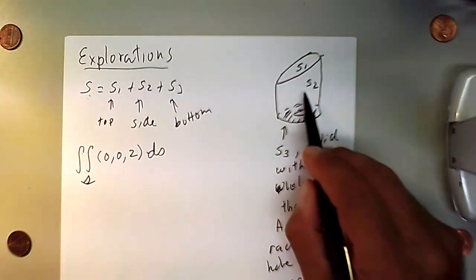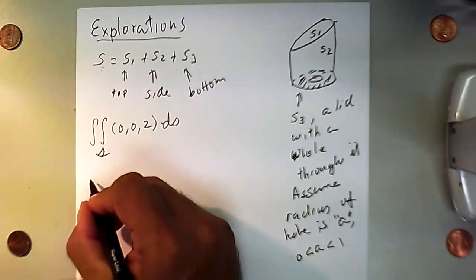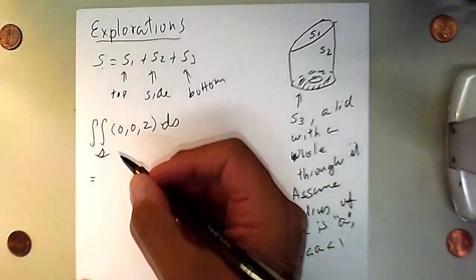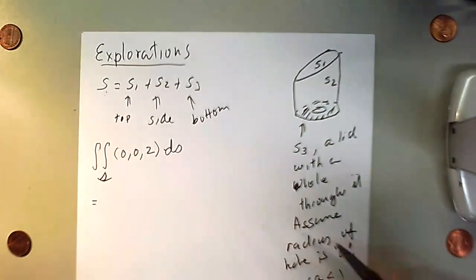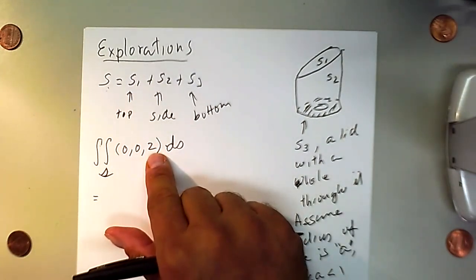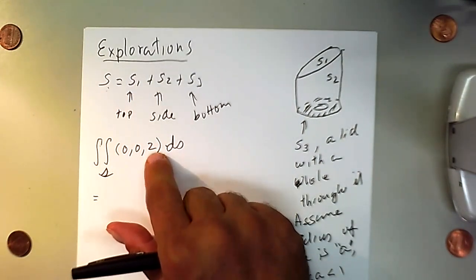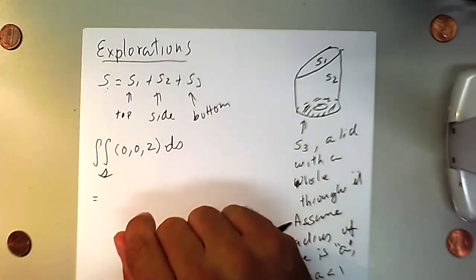So the entire surface, how do we go about that? Well, if we use Stokes Theorem, and we are allowed to use Stokes Theorem because that came from a curl, and we know the curl of what, then we can go ahead and do that.